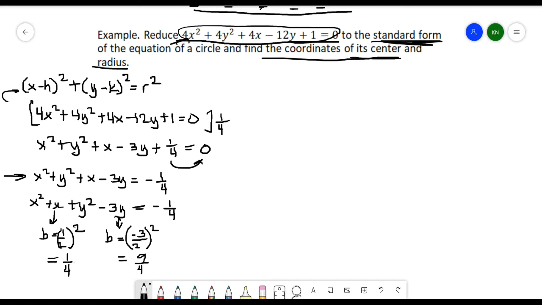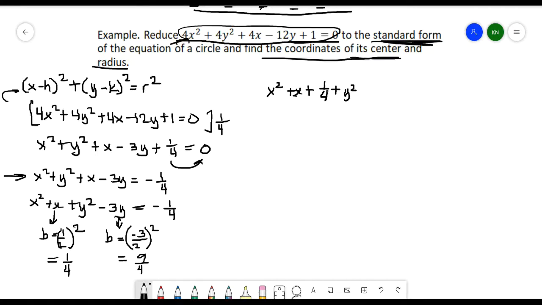So that gives us x squared plus x plus 1/4 plus y squared minus 3y plus 9/4, equals negative 1/4. It's just like you are solving for completing the square in two equations.